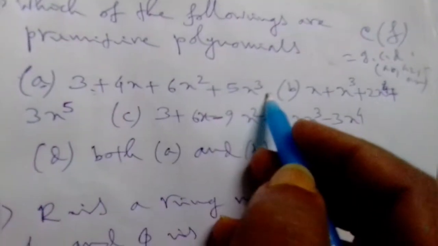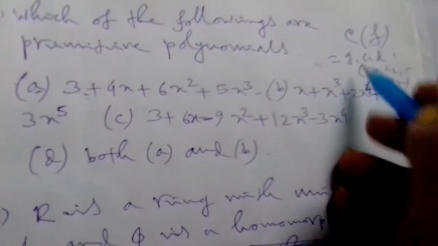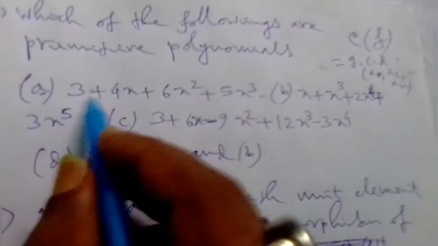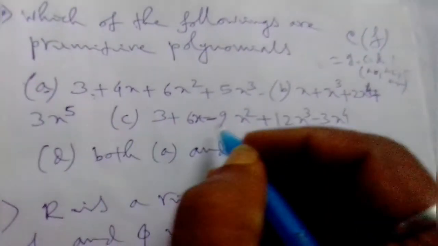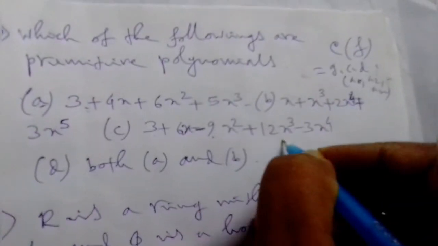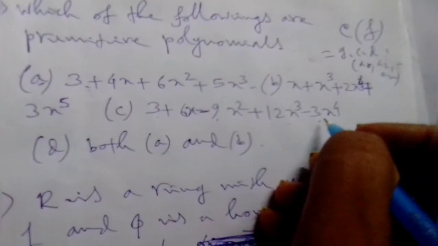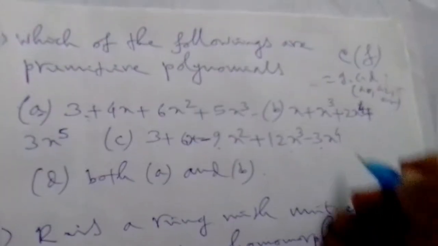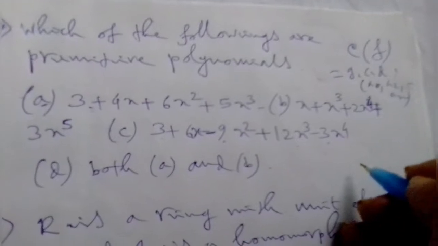So here, if we calculate the GCD of all the coefficients of this polynomial, at first we take 3, 6, 9, minus 9, 12, minus 3, and 3 is the common factor, and clearly GCD is 3, so it is not 1.